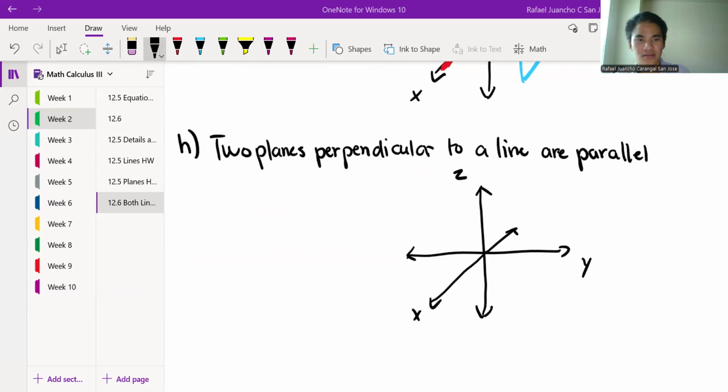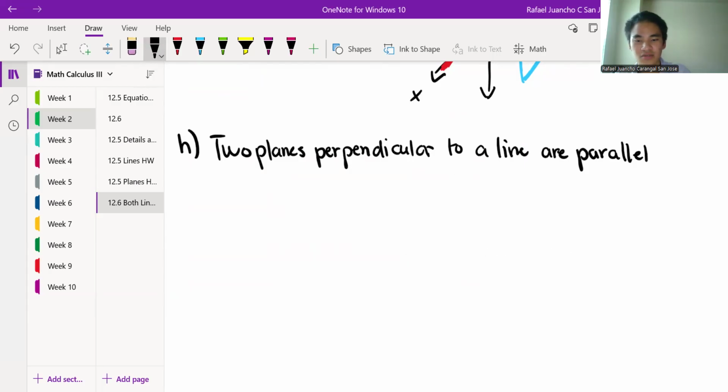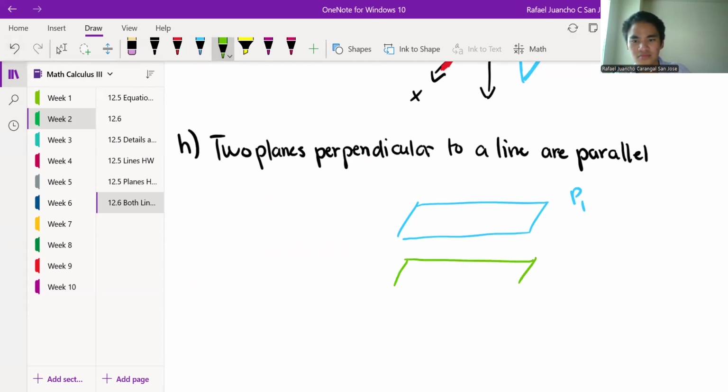I don't even need the space. It just gave me two planes, P1 and P2, and then we have a normal vector that's perpendicular, but it can also go down like that.